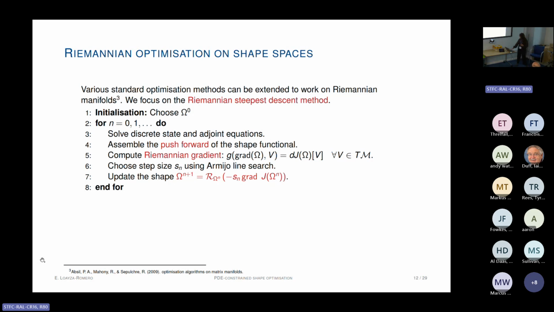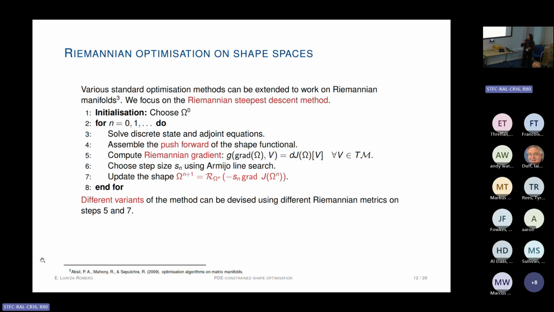But the good thing about this is that they have certain flexibility. So depending on what kind of Riemannian metric I use to compute the gradient, and depending on which kind of update of my shapes I use, I can have what we call different variants of my method. So it's exactly the same algorithm, but I have different variants of it.